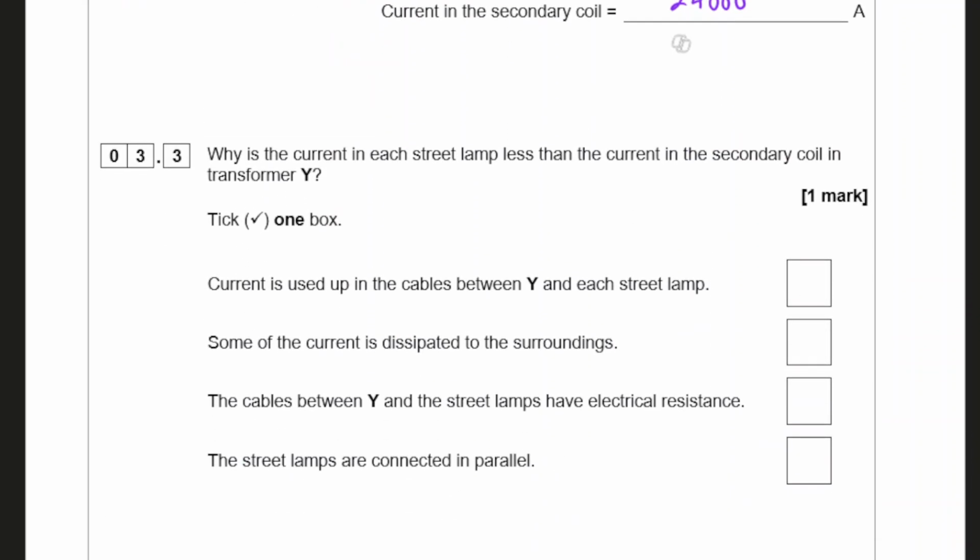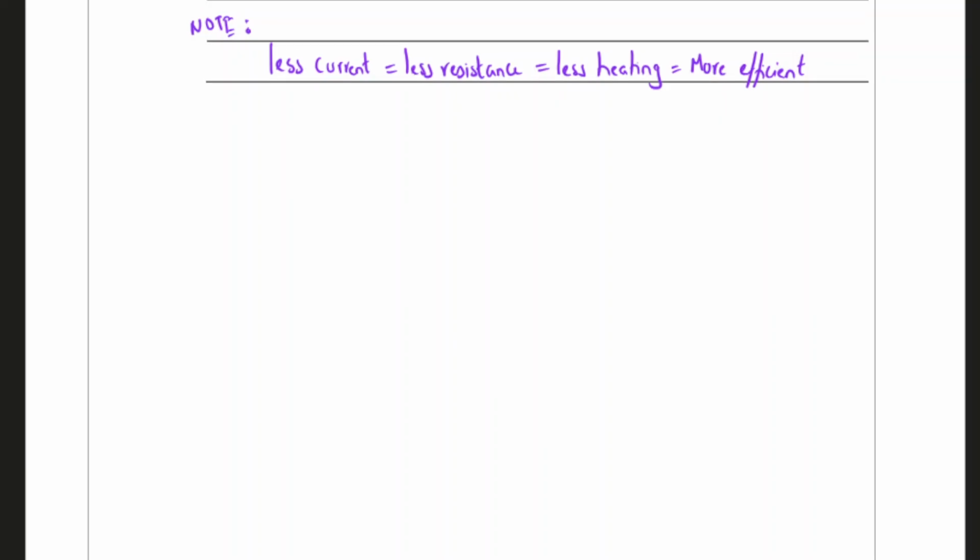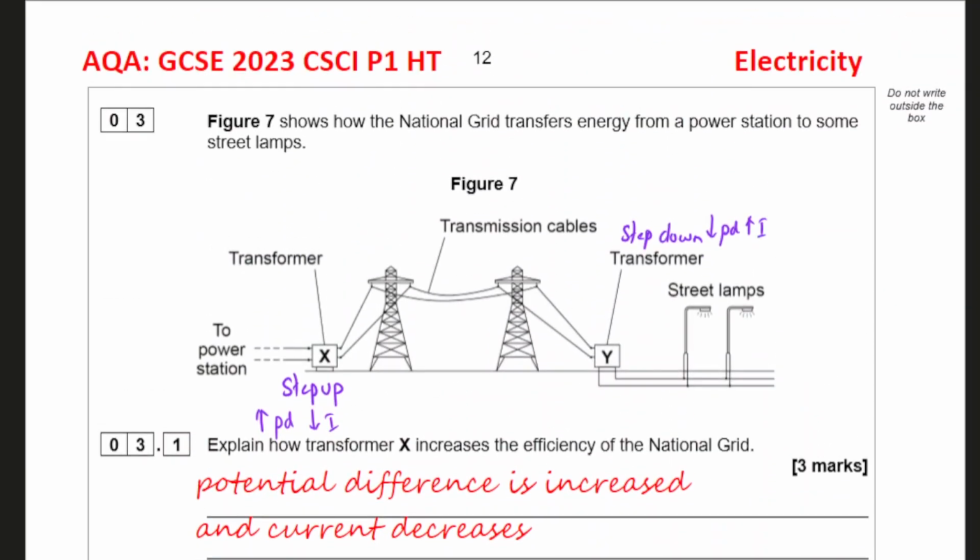Why is the current in each street lamp less than the current in the secondary coil in transformer Y? Now, looking back, let's annotate this diagram a little bit. So the transmission cables is 400 kilovolts or 400,000 volts. After it goes through this step-down transformer, it's 11,000 volts.